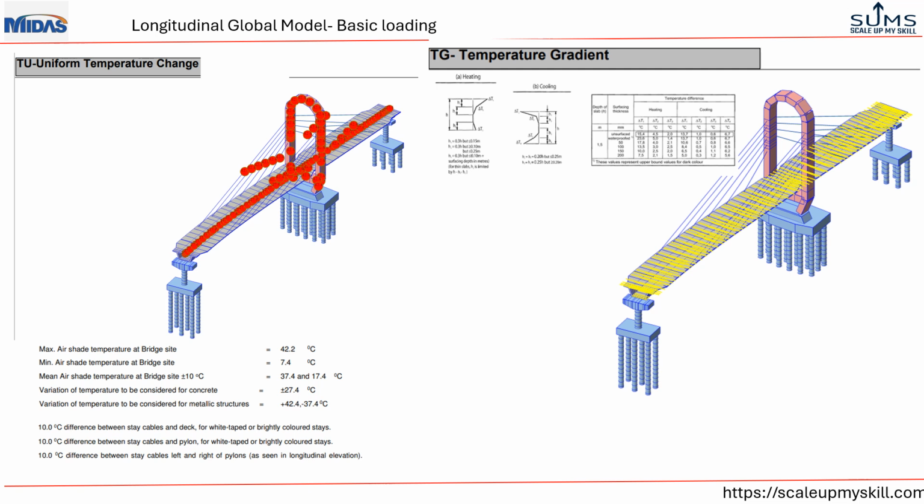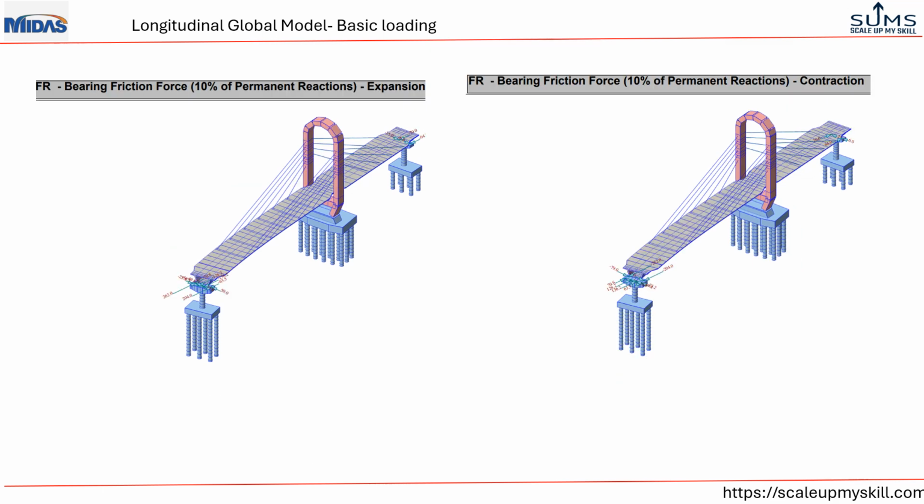The temperature gradient based on the thickness of the deck is evaluated and applied in Midas Civil as shown here. Bearing friction of the bridge is considered 10% of permanent reaction in expansion as well as in contraction.